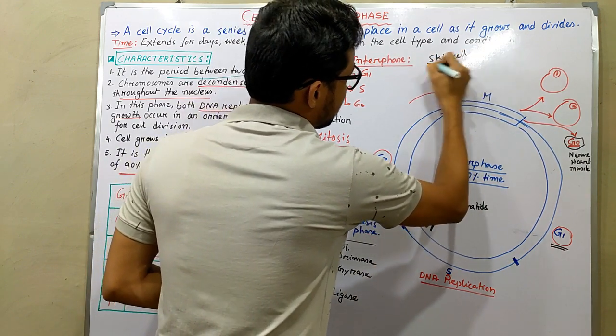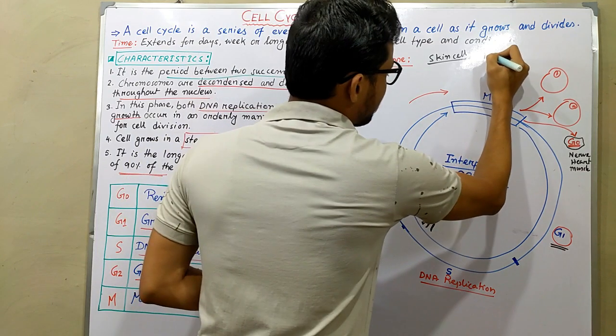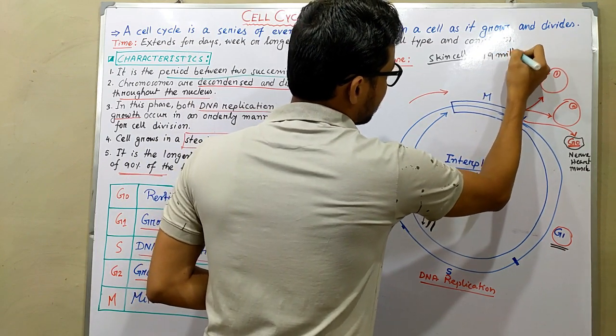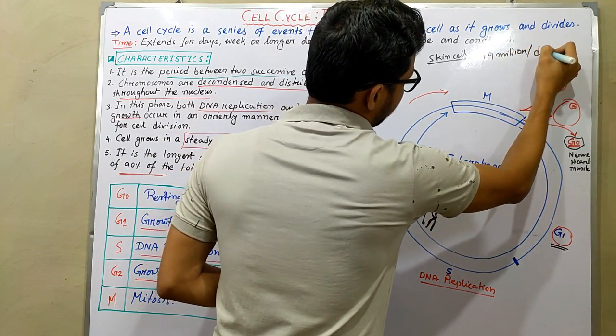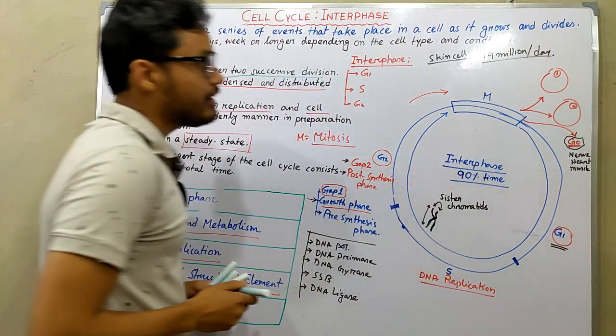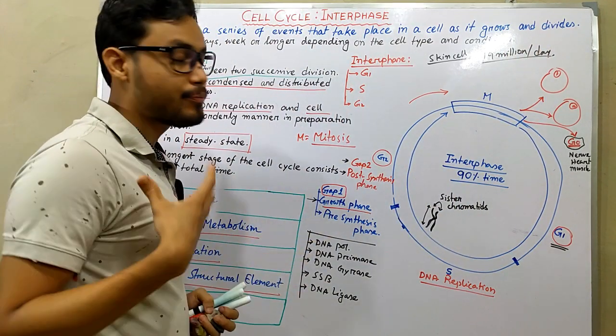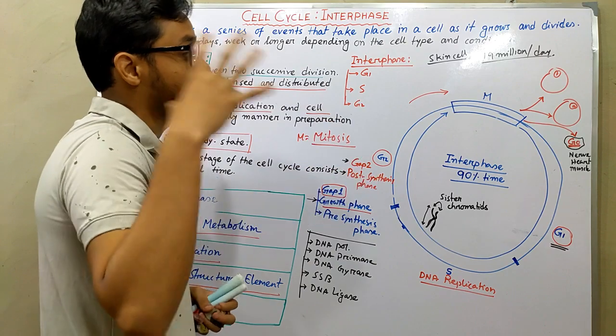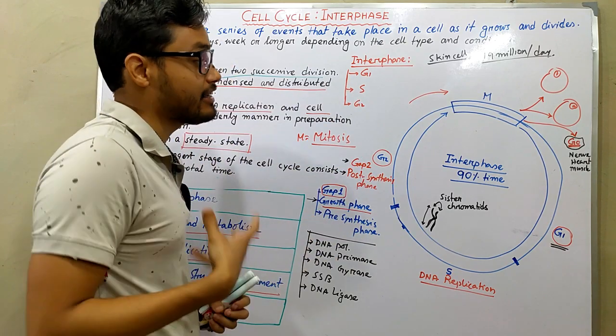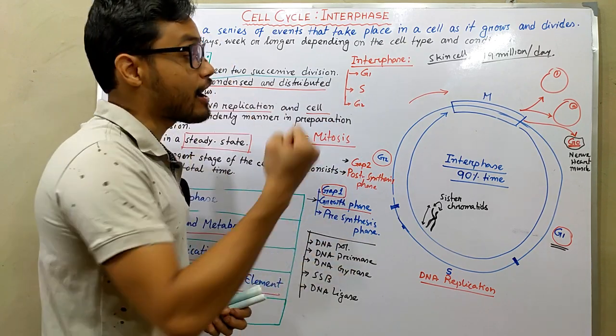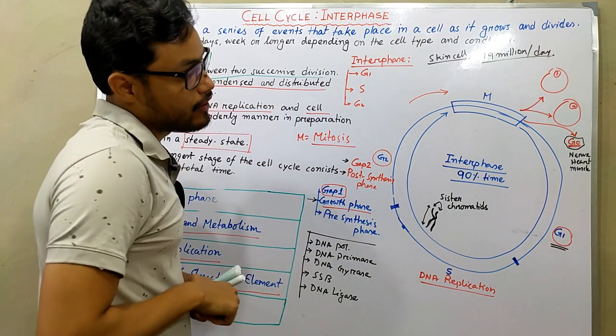Skin cells divide, 19 million skin cells are produced per day, and those skin cells are rapidly dividing cells and cannot undergo the G0 transition.